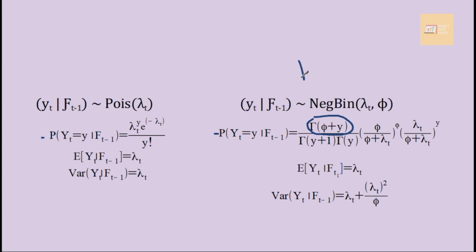A gamma function of A for all positive integers A is defined as A minus 1 factorial. Now look at this. The mean and the variance of Poisson distribution is the same, which is lambda t. And this is the main restriction of Poisson distribution. It requires the time series to be equidispersed.